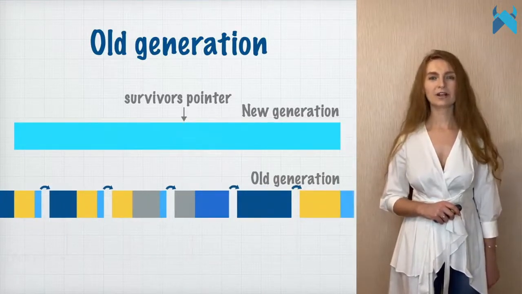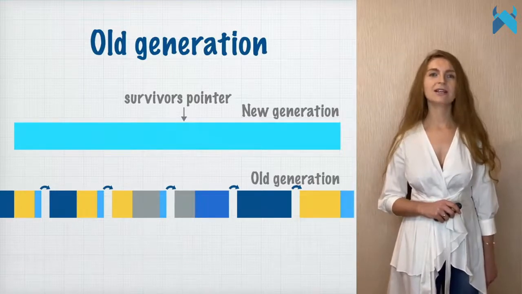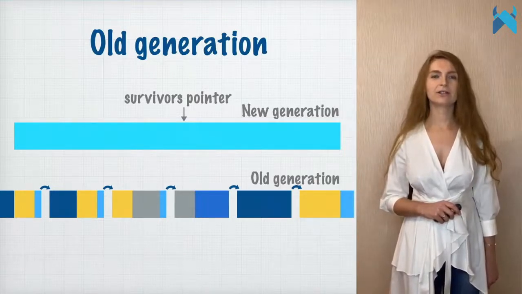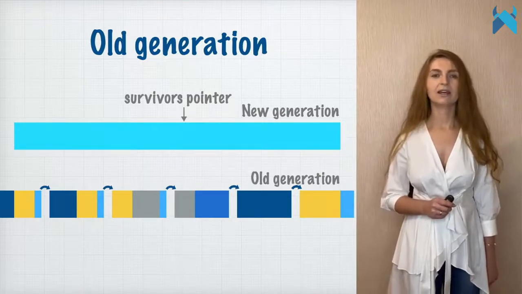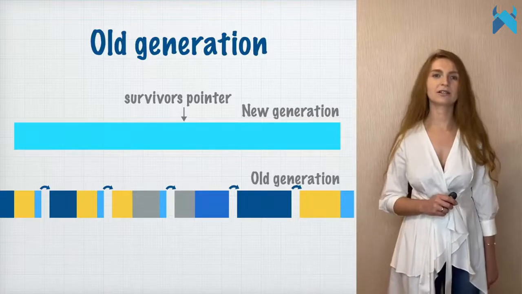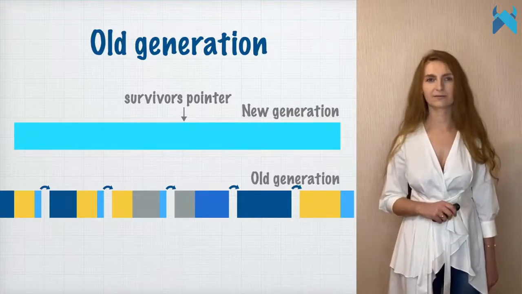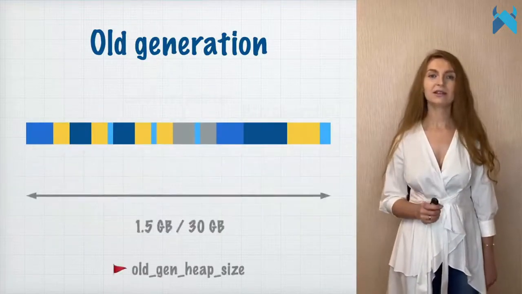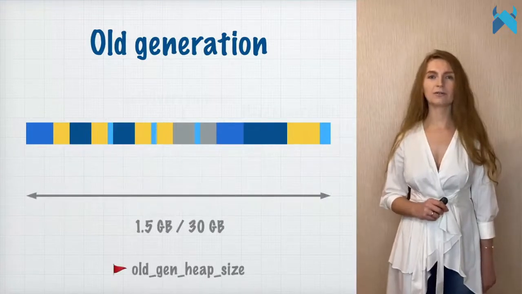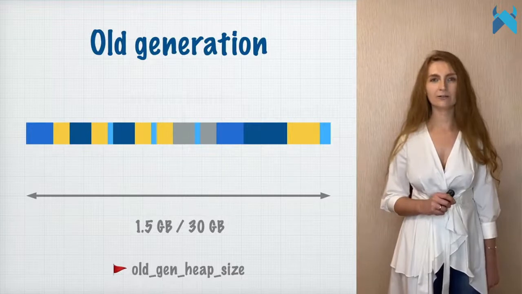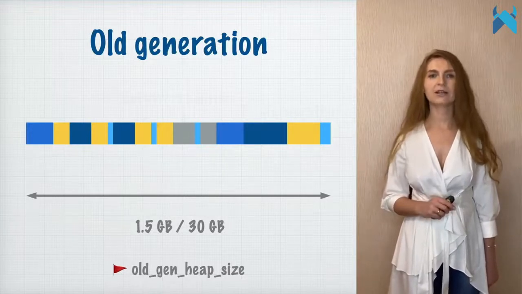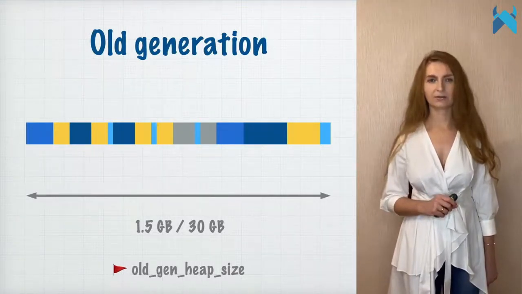For objects larger than 64 kilobytes, it will immediately try to acquire a new large page and allocate an object there. The old generation has an additional linked list of large pages dedicated to large objects. This way, the old generation may grow up to a value of this flag, the default for which is 1.5 or 30 gigabytes, depending on the device architecture.